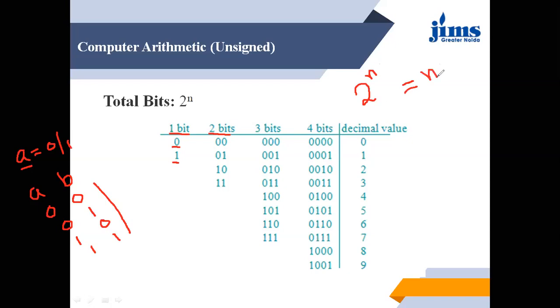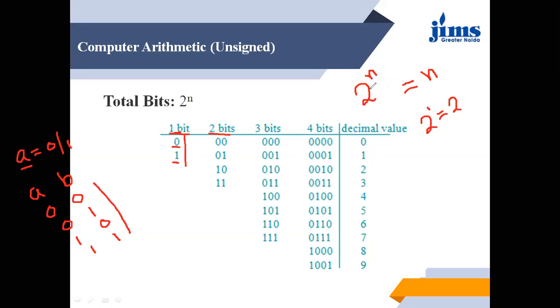We can verify this: when n equals 1, 2 raised to the power 1 equals 2, which is 0 and 1.